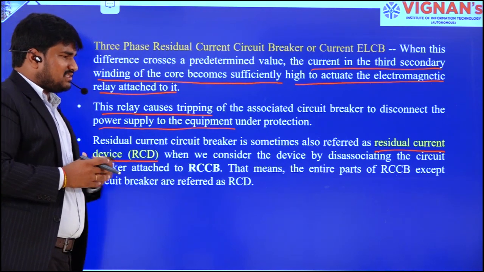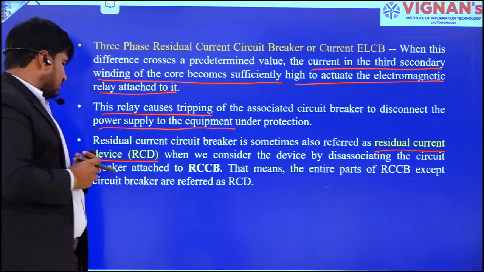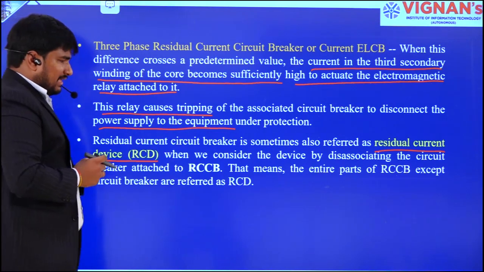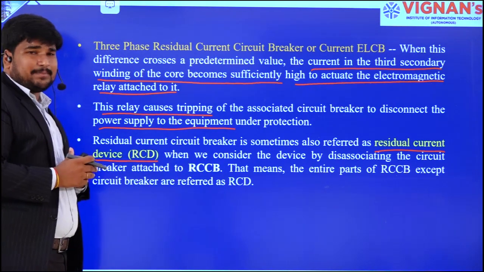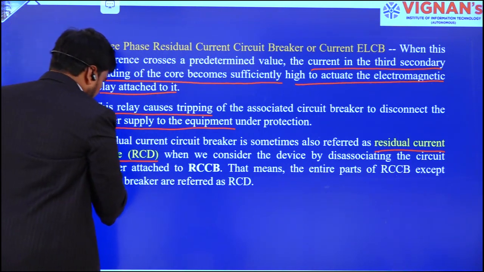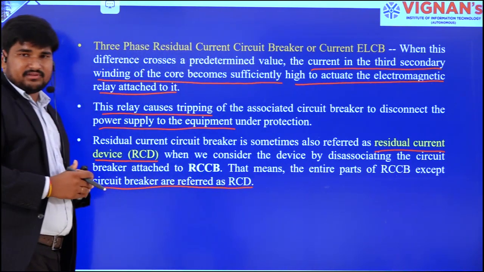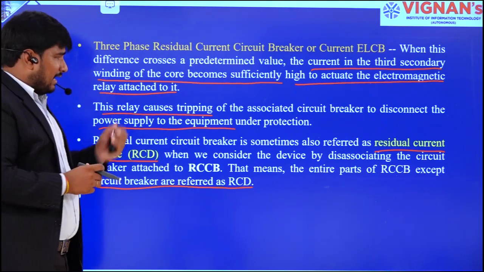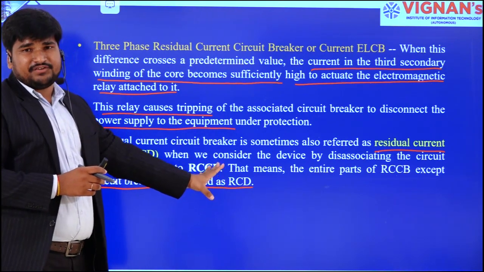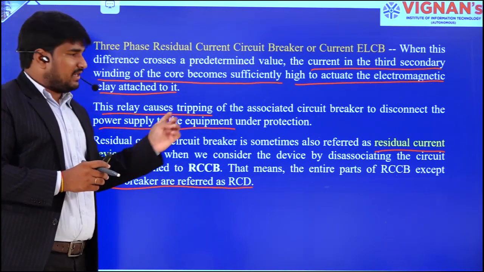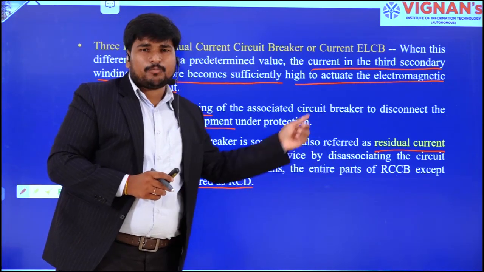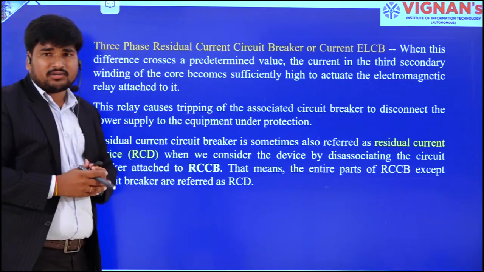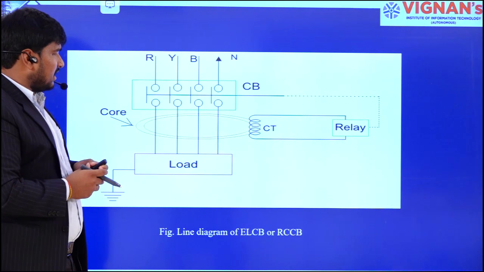When we consider the device by disassociating the circuit breaker attached to the RCCB, that means the entire parts of the RCCB except the circuit breaker are referred to as the RCD, residual current device. Previously we have shown, right? So except the circuit breaker, which is tripping the contacts, the remaining entire equipment will be called the residual current device. So this is about the residual current circuit breaker.